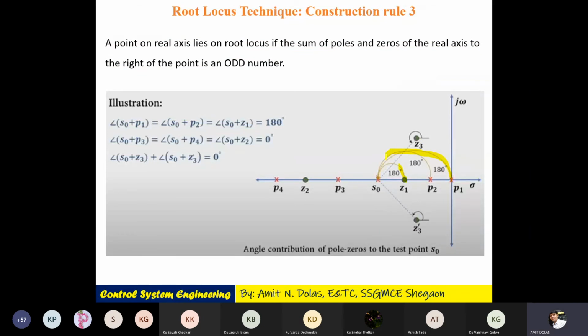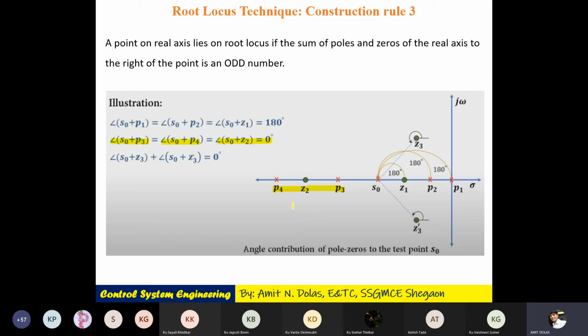P1 को अगर हमने एंगल लिया है ये सेट पॉइंट को, so it is 180 degrees. Okay, P2 is also 180 degrees and Z1 is also 180 degrees. So ये तीनों के लिए the angle is 180 degrees. Let's see the angle for another. Angle for P3, angle for P4, angle for Z2 जो कि इधर है, P3, P4, Z2, that is 0.